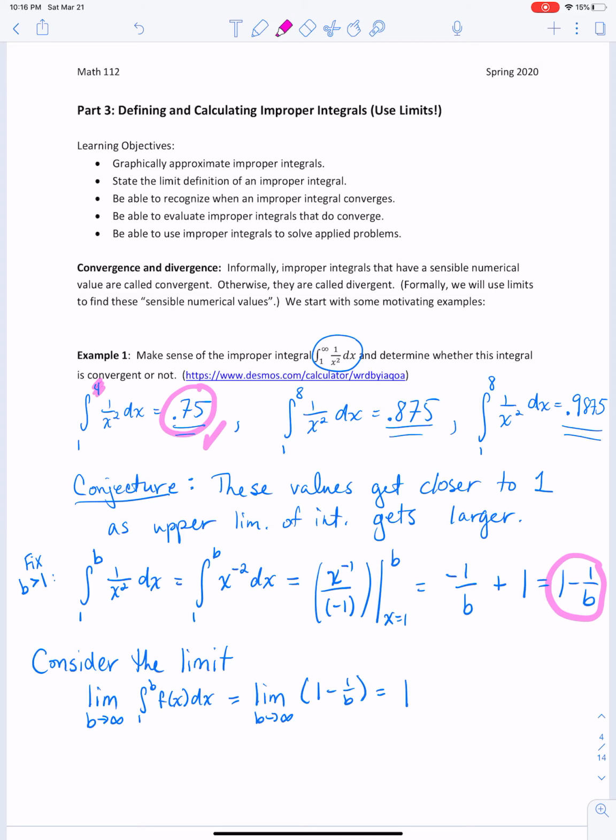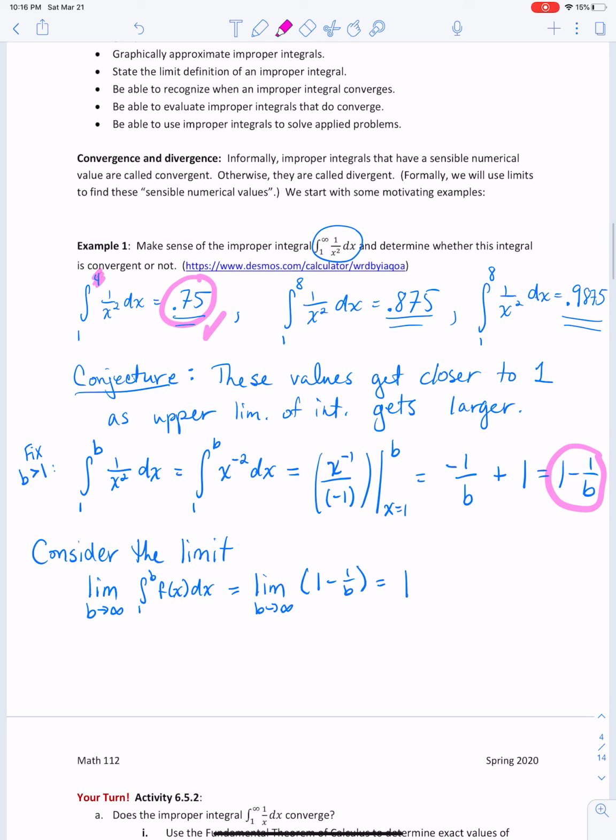So it's nice to make those checks every now and then. Okay, so we now have this limit, and when this limit exists, this is how we will define the improper integral. We'll define it to be this limit.